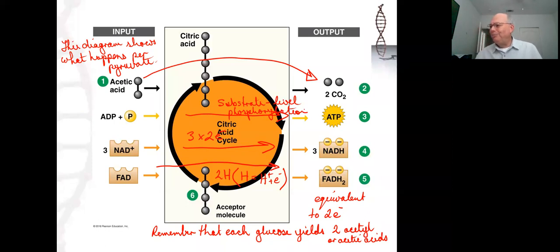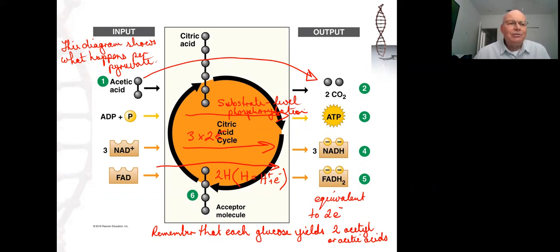Getting a little messy there, but it's substrate level phosphorylation that gives rise to this ATP. So we get a small amount of ATP through the action of the citric acid cycle. So we've completed the chemical disassembly of glucose.